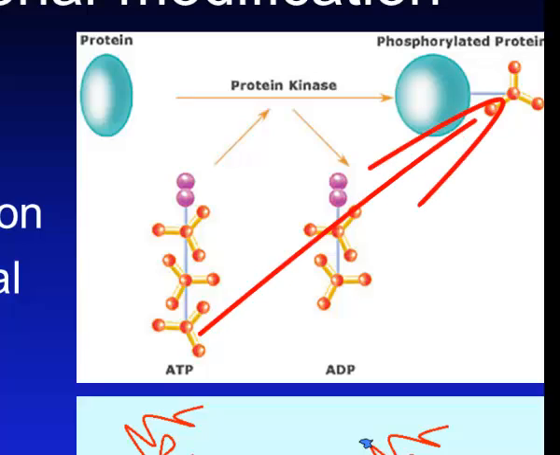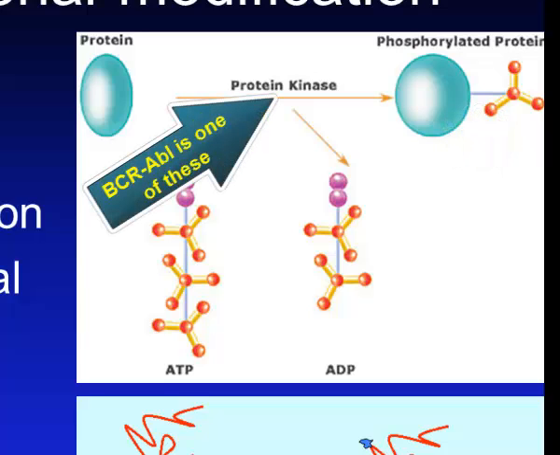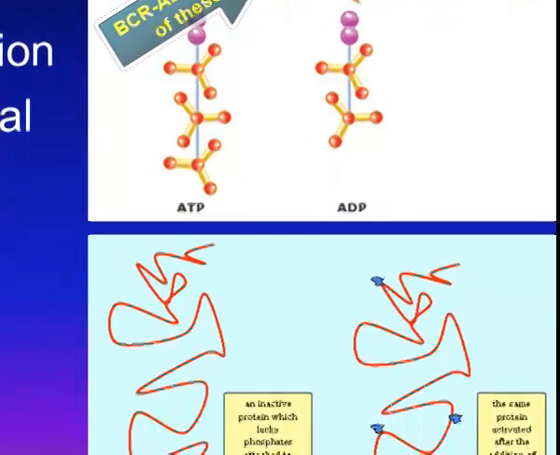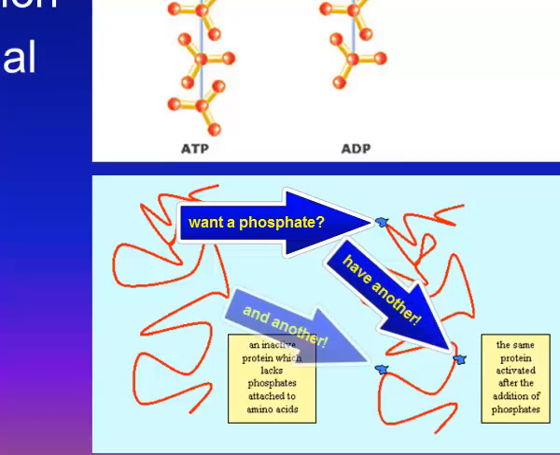It's going to be an ADP at the other end, and that phosphate is actually going to be added to the protein, whatever that kinase is doing. So remember, the tyrosine kinase, the BCR-ABL fusion protein, is acting as this kinase. So essentially, what this fusion protein is doing is adding phosphates to everyone. The thing really just can't control itself.